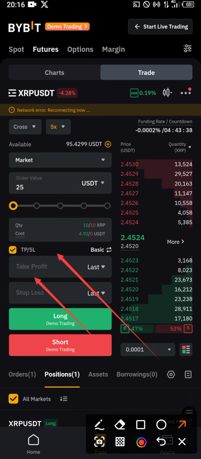Likewise, take profit says lock in your gains when price hits your goal. You understand? I want to exit my position when I have acquired this particular amount of profit.